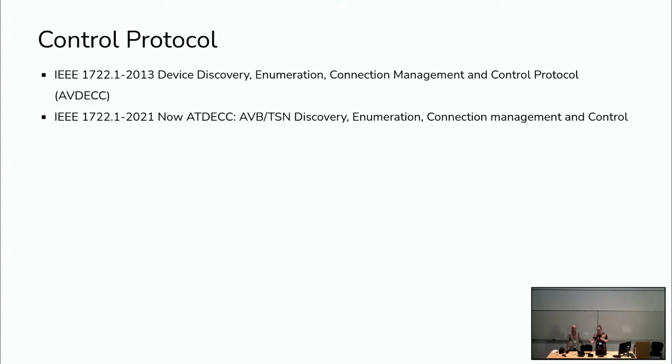The controllers are separate devices in your network. The naming changed slightly to AVDECC because AVB actually became the time-sensitive networking standard because industry was interested in those things.